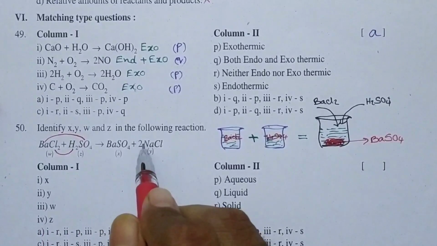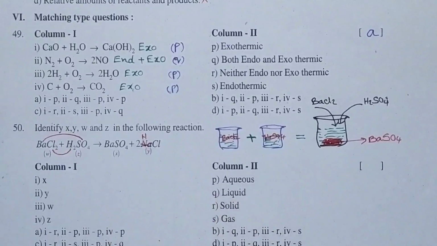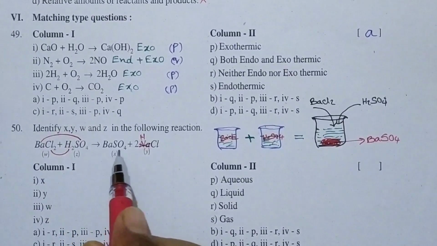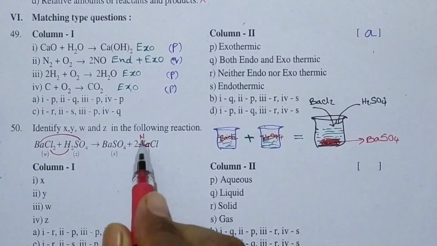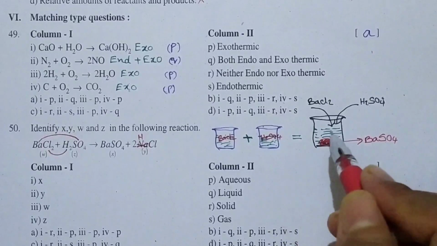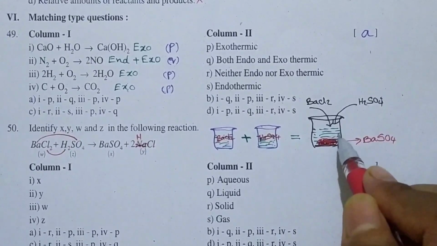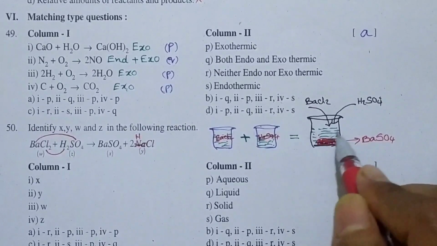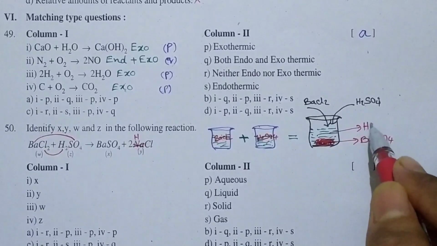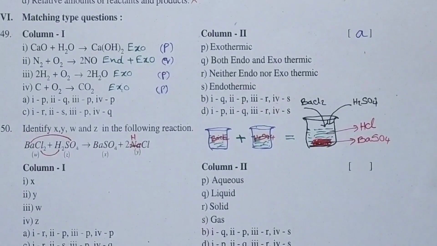So here this is not NaCl, the given equation is wrong, this is HCl. So BaCl2 plus H2SO4 gives us BaSO4, barium sulfate, and HCl, hydrochloric acid. Now when you add BaCl2 and H2SO4, BaSO4 is left as a precipitate, and here you can see the aqueous solution, that is nothing but HCl. Clear?